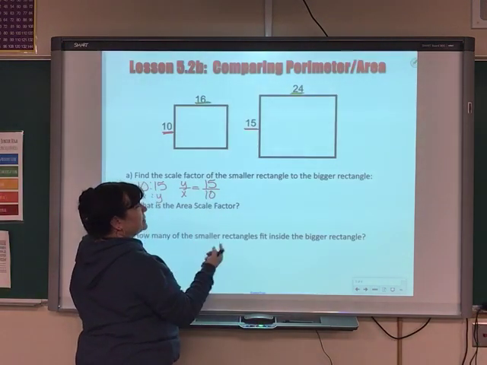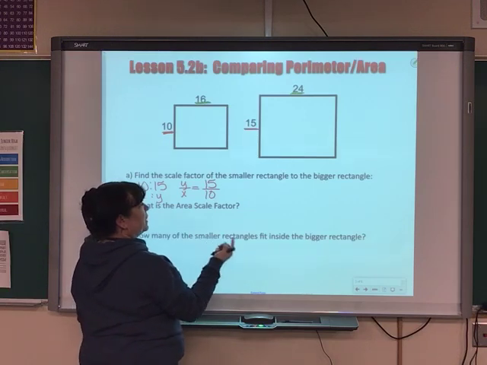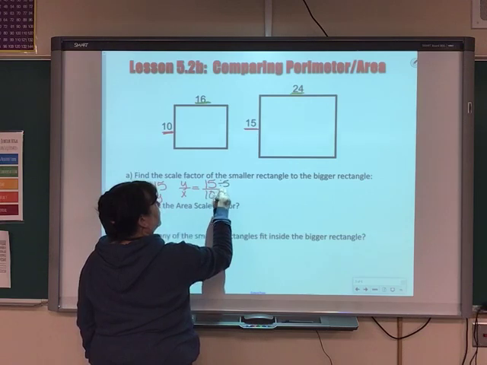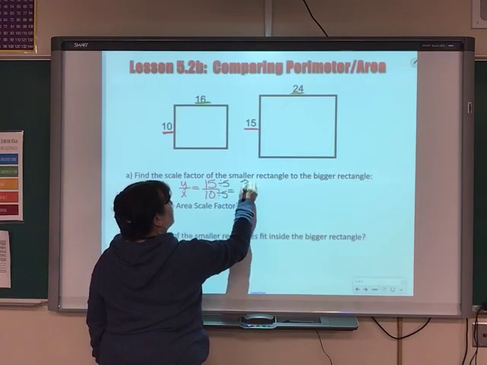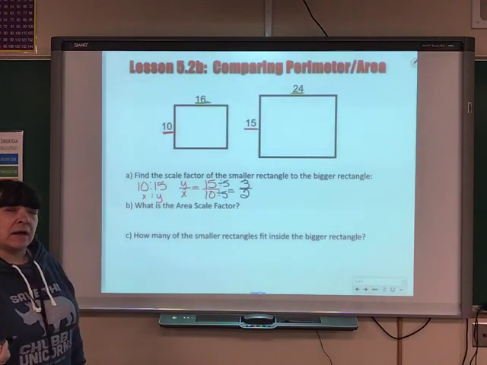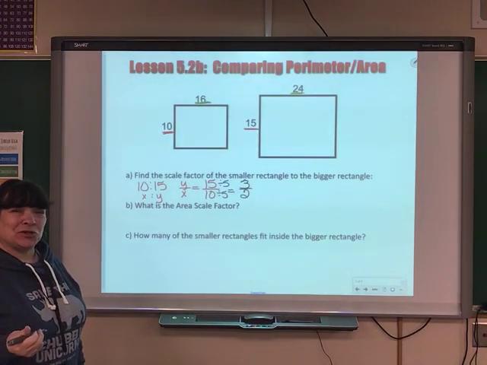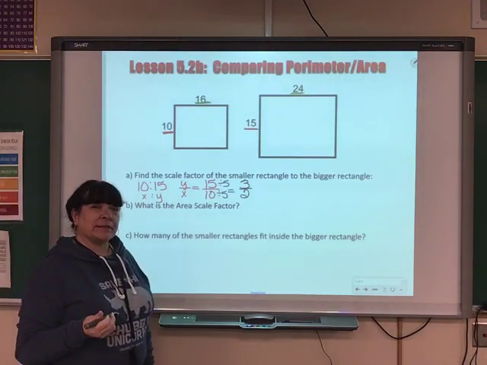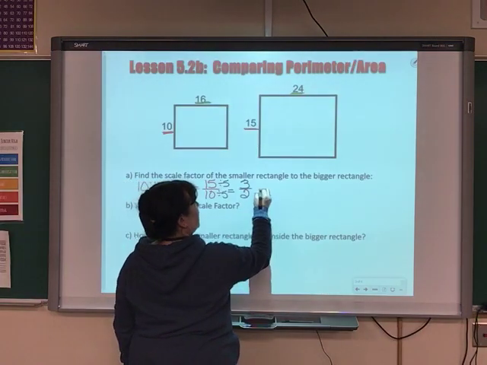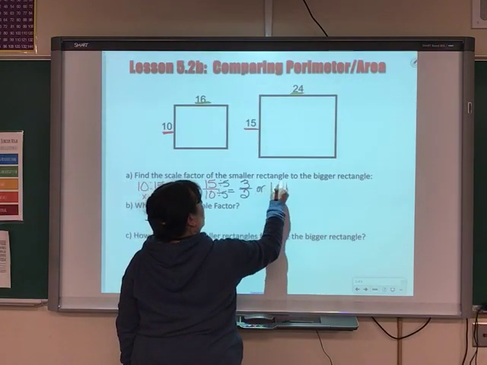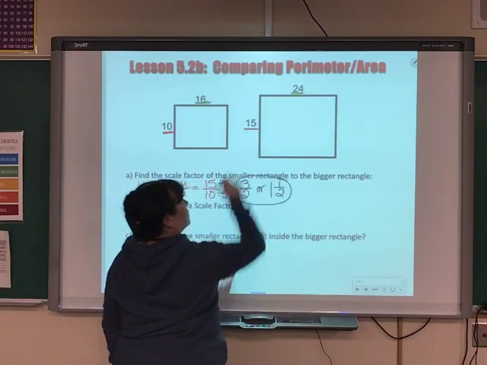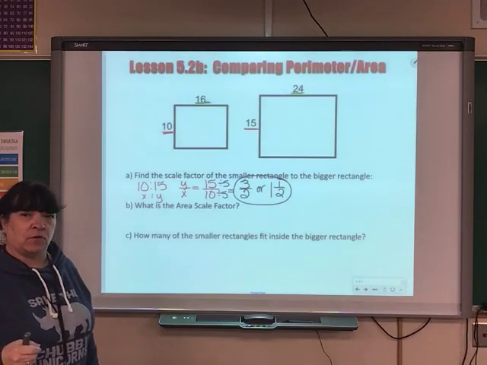First of all, both of those are divisible by 5, and so if I divide them both by 5, I'm going to get 3/2. 3/2 is a ratio of 3 to 2, but if I want it to be a scale factor, I need to know what I'm multiplying by. So I can either say it's 3/2 or 1.5.